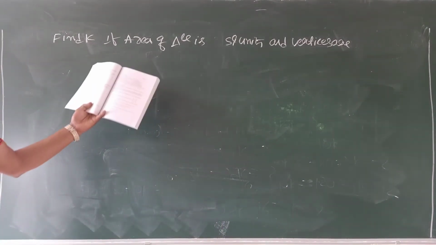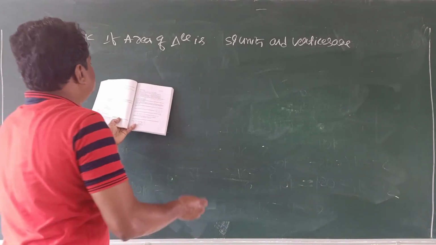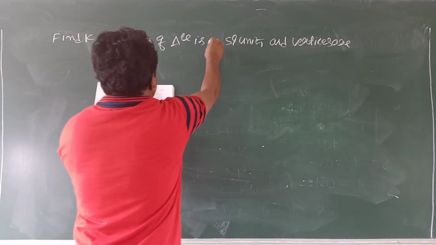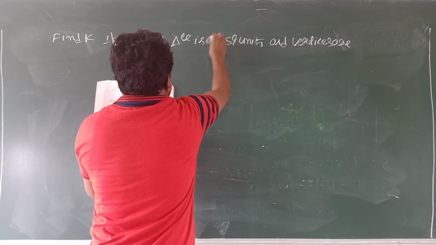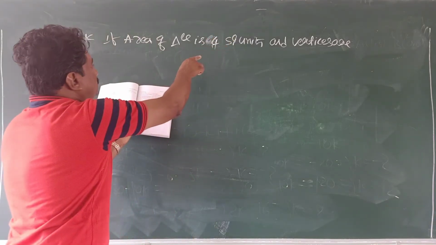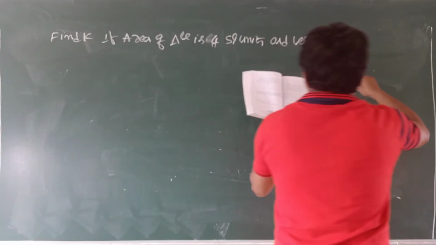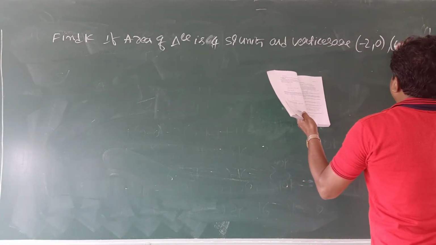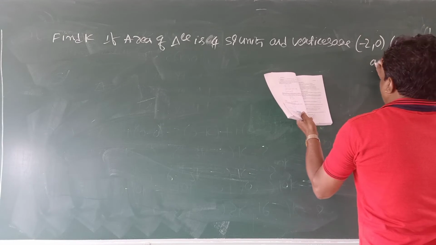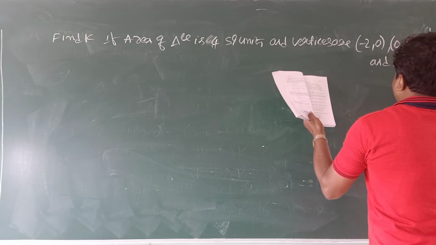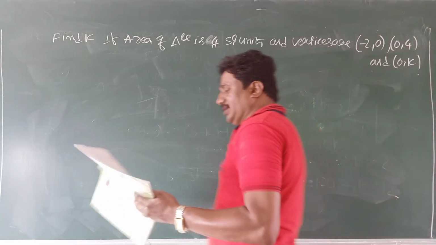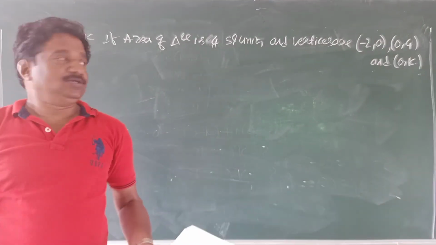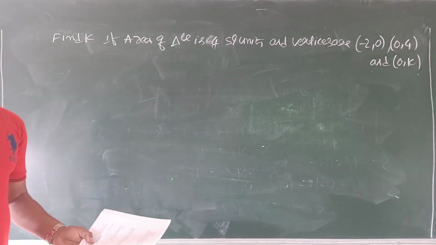Find k if the area of the triangle is 4 square units and the vertices are (minus 2, 0), (0, 4) and (0, k). I hope you understood this. You solve this question on your own.